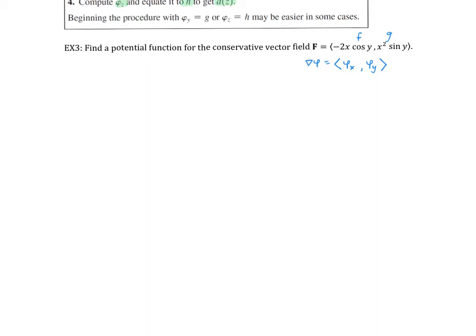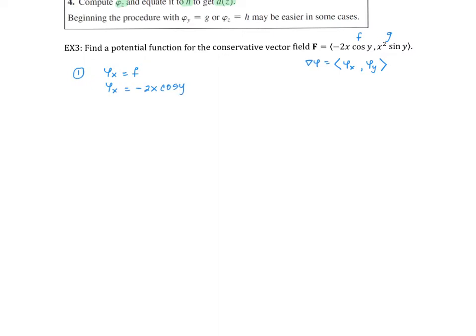So the first thing we want to do is look at phi sub x equaling f. So phi sub x, the partial derivative with respect to x, is equal to negative 2x cosine of y.